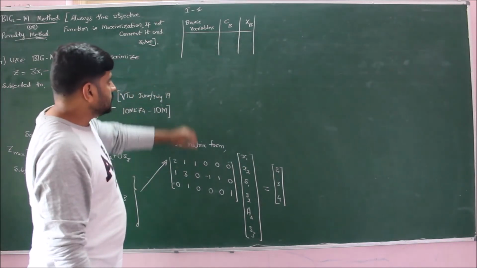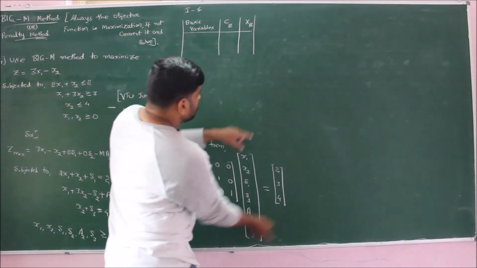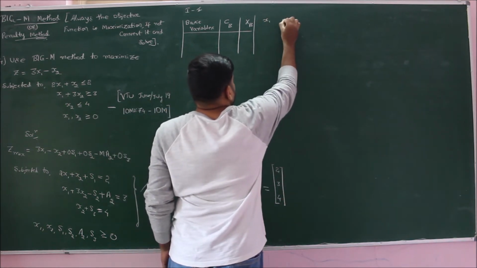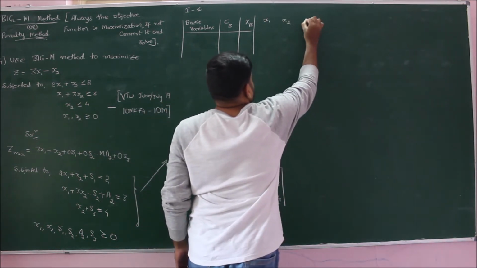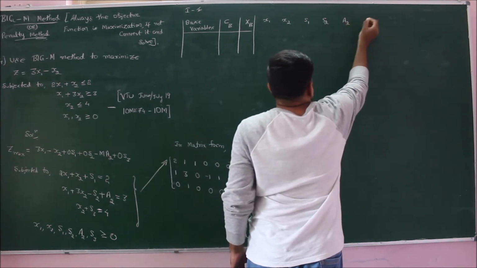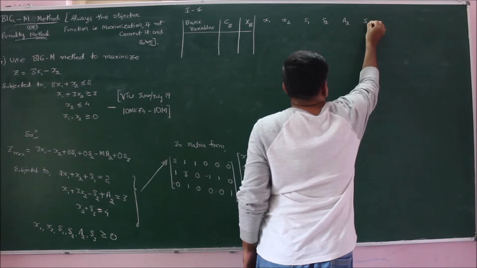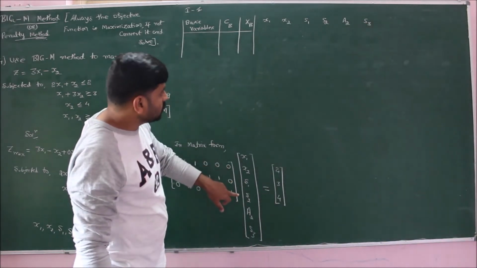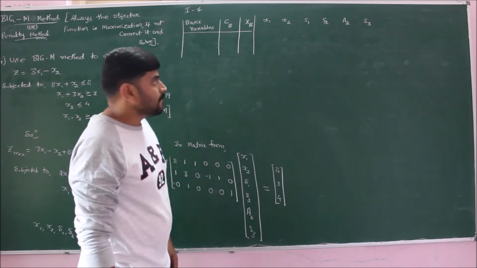So now completing the simplex table. Taking the variables, we have x1, x2, s1, s2, a2, and finally we have s3. x1, x2, s1, s2, a2 and s3.